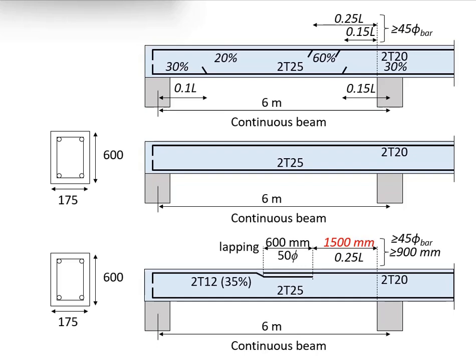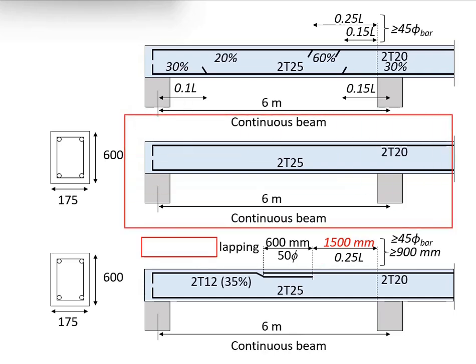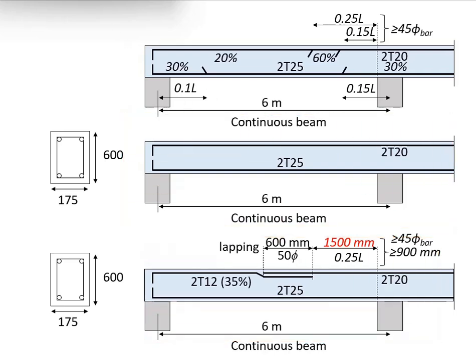You can provide more but not less. Being constrained by the requirement that you need at least 2 top bars and 2 bottom bars here, in this case, after you've done the curtailment, it may end up either this one or this one. Both are correct, except that this is less economical.